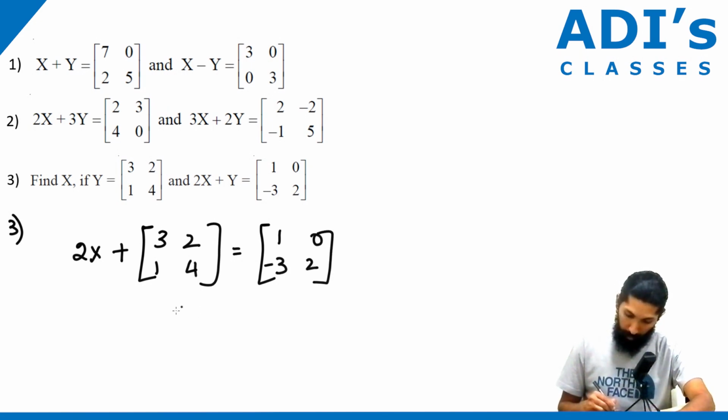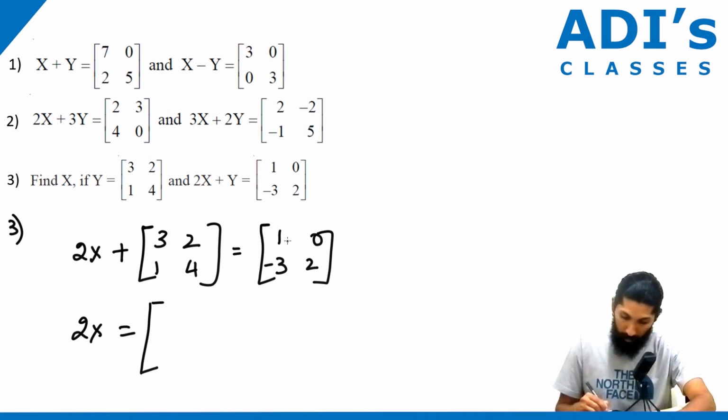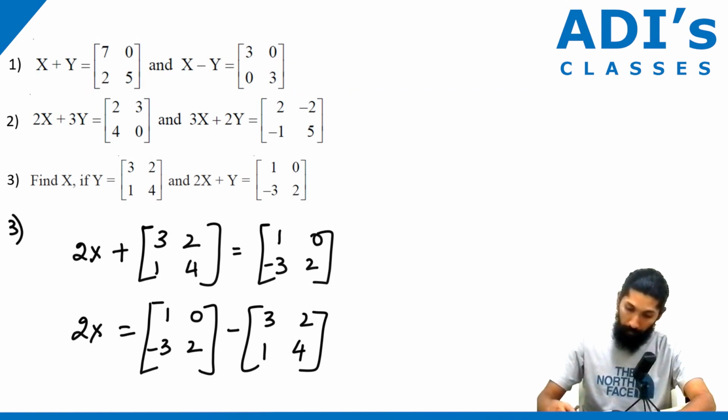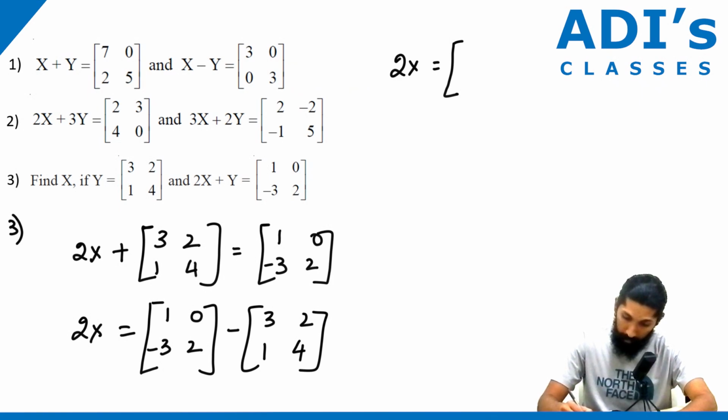Now 2x is equal to subtracting: 1, 0, minus 3, 2, minus 3, 2, 1, 4. Subtracting, you are going to have 2x is equal to 1 minus 3 which is minus 2, then again minus 2, minus 4, minus 2.